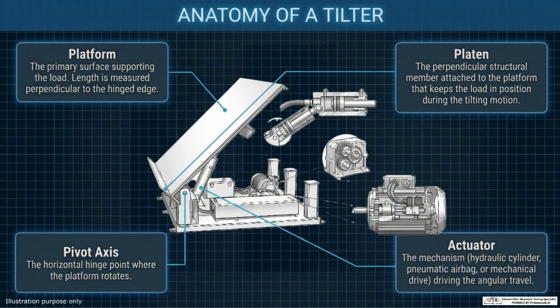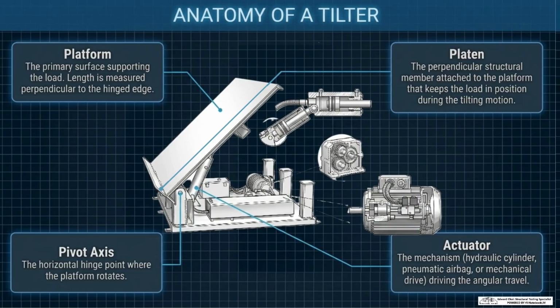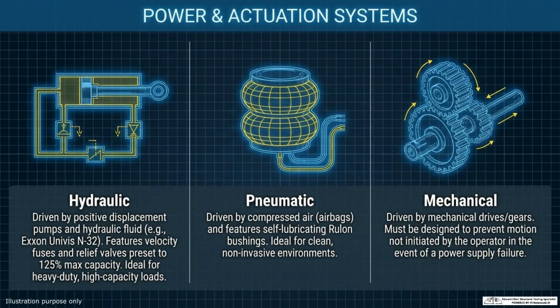Knowing these terms matters when you're reading a spec sheet, reviewing a risk assessment, or talking to a manufacturer about your application. Not all tilters are built the same, and the actuation system determines a lot about how the machine behaves under load and under failure.